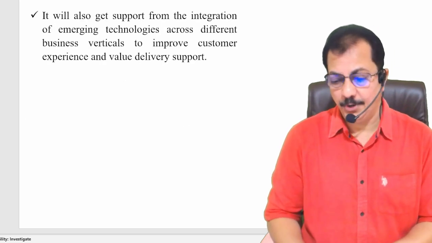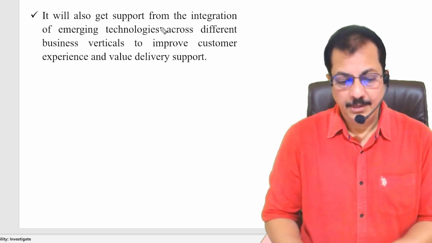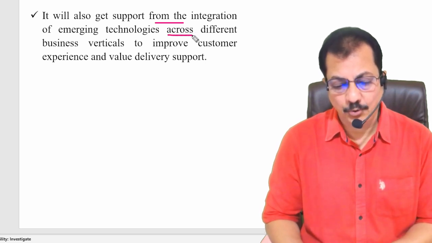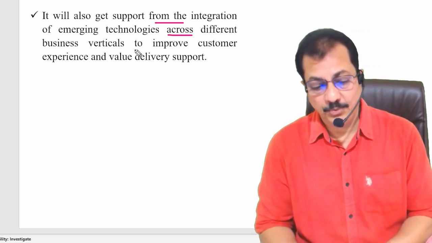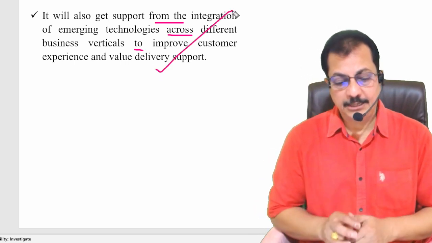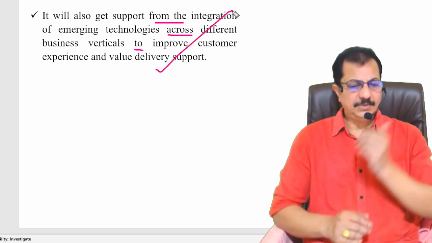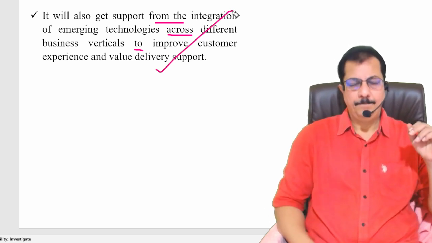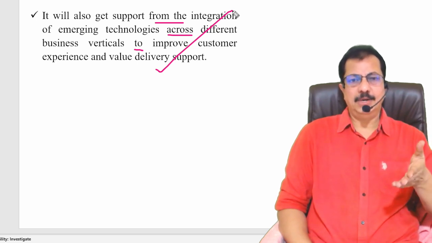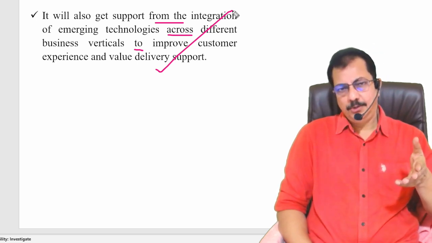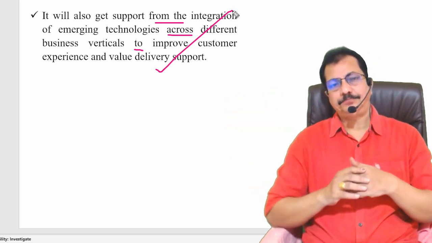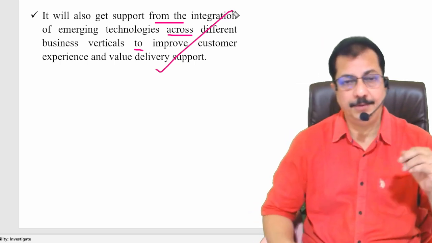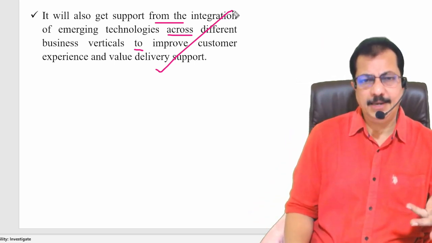Next point. Kindly have a look at this one. It will also get support from the integration of emerging technologies across the business verticals to improve customer experience and value delivery support. For example, you order something online. Immediately you get the information on when you are going to get it, on such and such date between 3 and 4 p.m. They give the exact date and time of delivery so that you will be waiting at home.